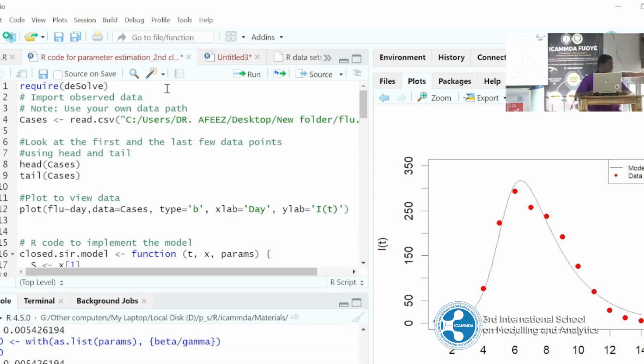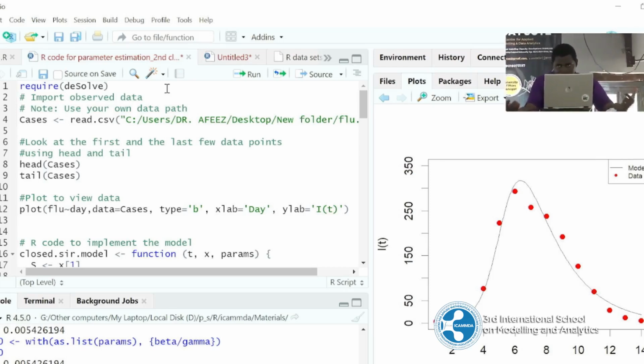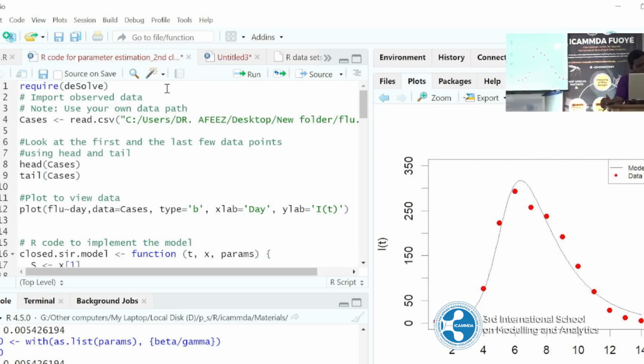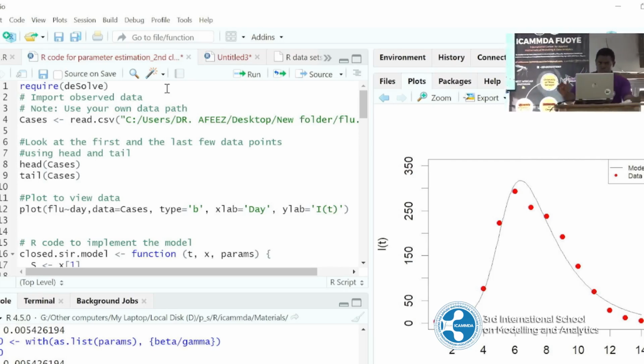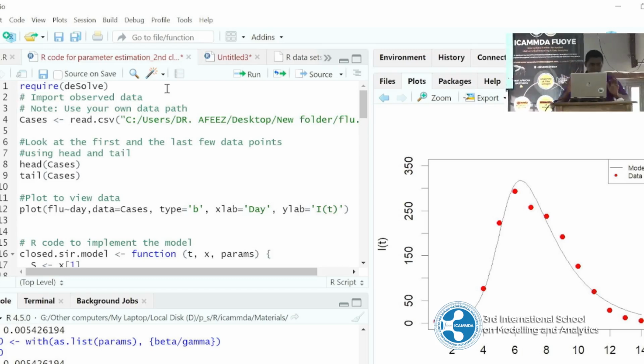So you run that. The next thing is to add the code. I want you to tell me: import your what? Data. And I told you that you should note that you use your own data paths, right?